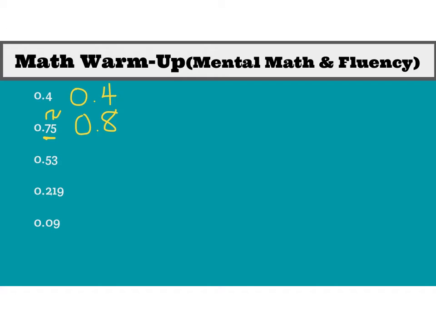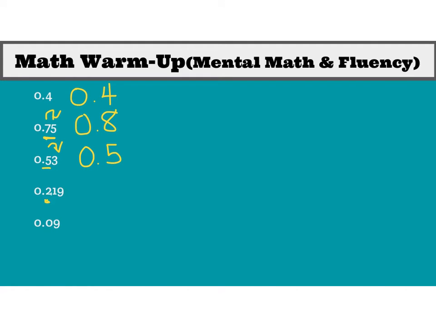Let's look at the third one. We have 0 and 53/100. We're going to look at the digit to the right of that 5. It's a 3. So it is not a 5 or higher, so that will remain 0 and 5/10. Our next one, we have 0 and 219 thousandths.